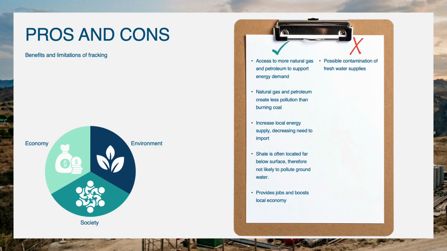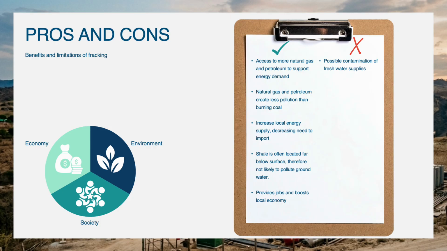Let's look at the limitations, which brings us to freshwater supplies being contaminated. It's a major concern because the fracking fluid, the wastewater and the methane could all contaminate fresh water supplies. This can happen if the well casing is damaged, if the chemicals are spilled, or if polluted wastewater leaks into rivers and groundwater.